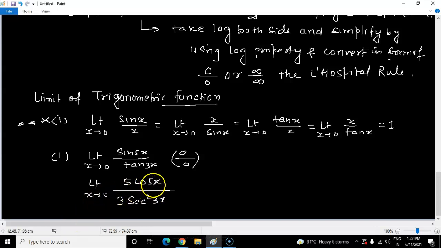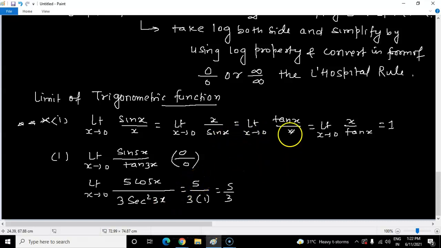If you put 0, cos 0 is 1, so it becomes 5 here and this is 3, and sec 0 is also 1 only. So you get 5 by 3. This is one method you can find it.